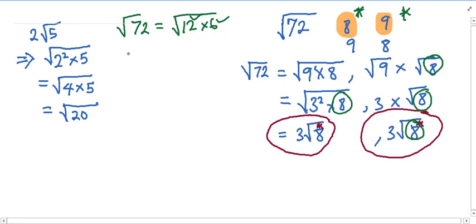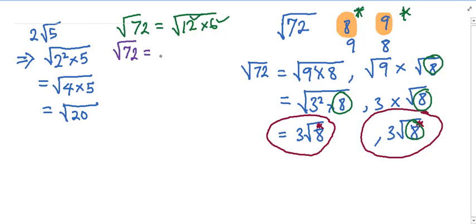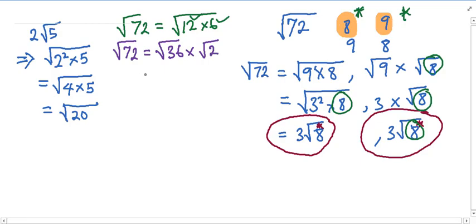So here we'll have that surd 72 is equal to surd 36 multiplied by surd 2. And why am I going to work with this number? This is a perfect square. So surd 36 is just 6. 6 multiplied by surd 2 will now give me 6 surd 2, and that's my answer.